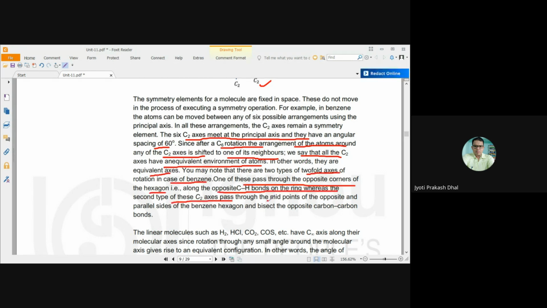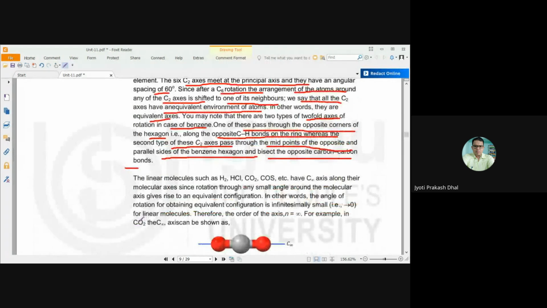You may note that there are two types of two-fold axis of rotation in the case of benzene. One of these passes through the opposite corners of the hexagon, that means the opposite carbon atoms along the opposite carbon-hydrogen bonds of the ring, whereas the second type of C2 axis passes through the midpoint of the opposite and parallel sides of the benzene hexagon and bisects the opposite carbon-carbon bonds.